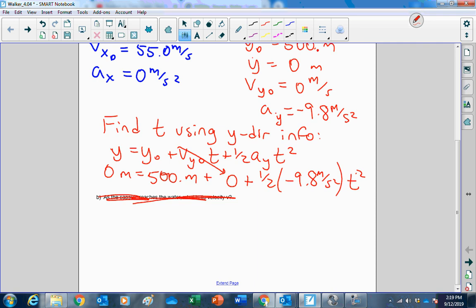Okay, so then when I add 4.9 to both sides, that gets rid of the negative. And then solve for t.